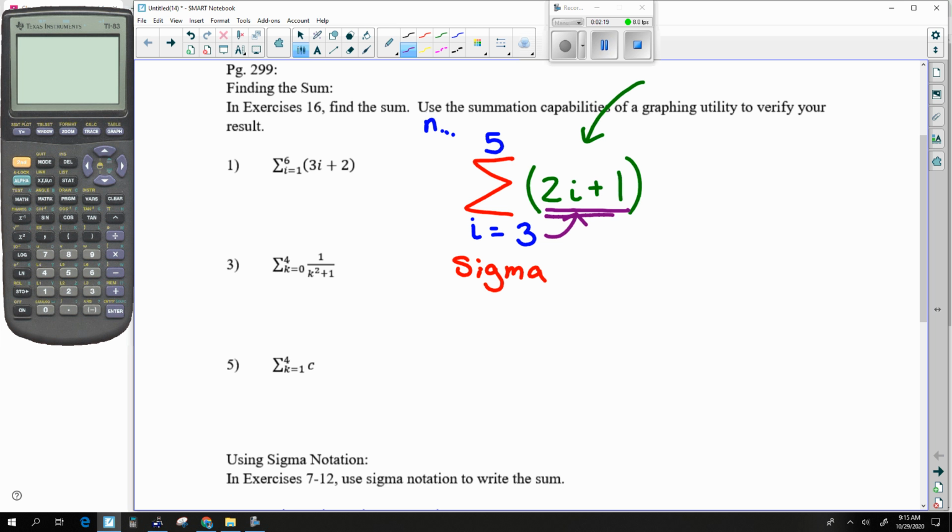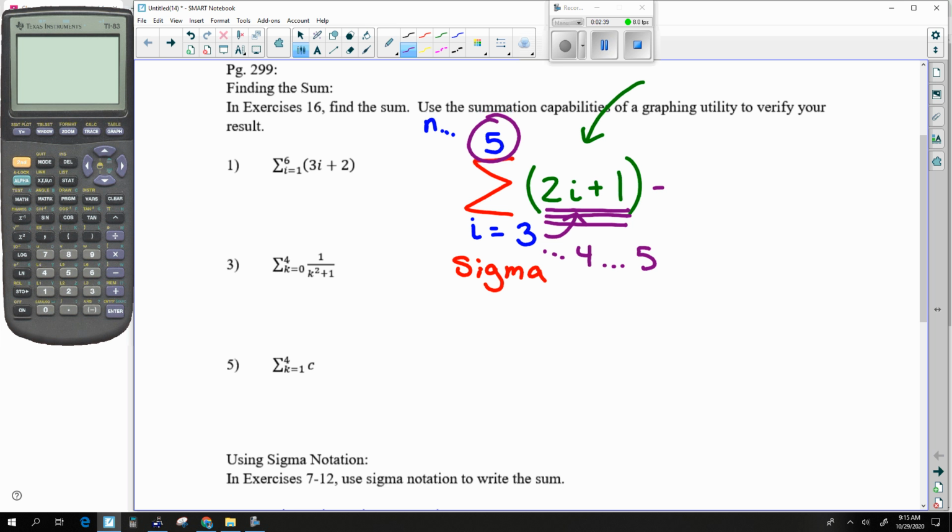And then you're going to do this entire equation with the number 4. And then with the number 5. And this continues on until you hit that top end point. So here we would stop with the number 5.